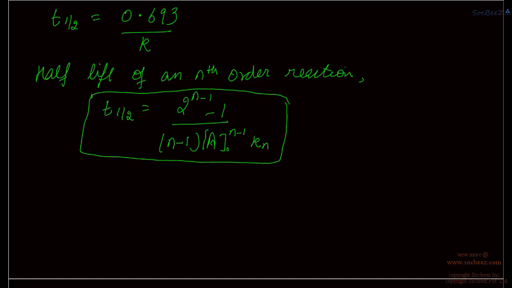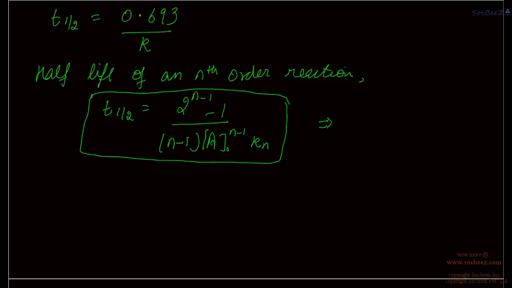Now, at first sight it may seem that this equation is not valid for a first order reaction, but this is not true. This equation is valid for first order reaction as well, but you have to do a little bit of mathematics of limits and derivatives here, although you do not need to go into those intricacies.